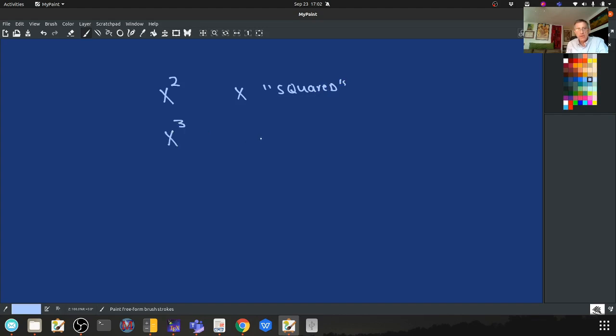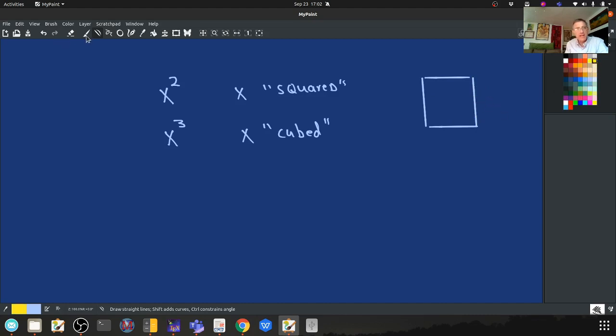And x to the third power we say is x cubed. I teach so many classes I can't remember if I've got this down or not. Well, it has to do with the area of squares. So a square is a rectangle when all of the sides are equal.